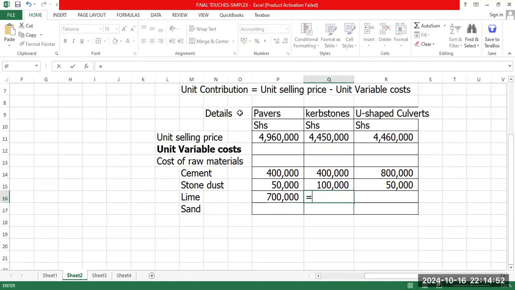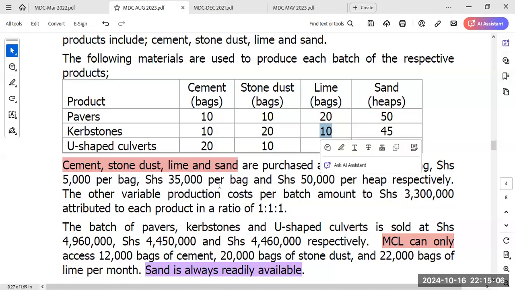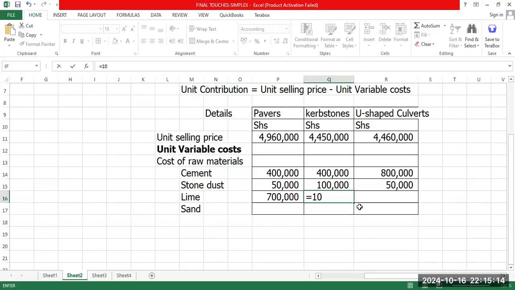Then next, for you to produce curbstones, you need 10 bags of lime, and each bag is 35,000. 10 times 35,000.